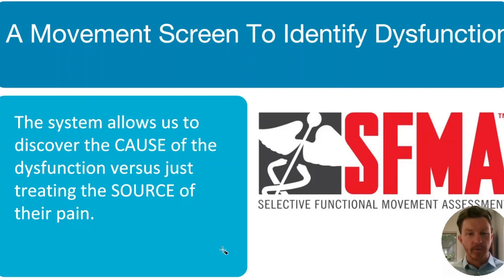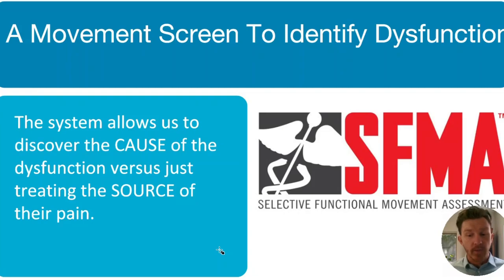But oftentimes there will be a referral from another area of the body. And medicine in general has become so specialized that if you go in to a medical doctor with a shoulder injury, all they're going to look at is your shoulder. They might look at your neck, but they're not going to look at anything else really, because they're going to think that it's coming right from there.